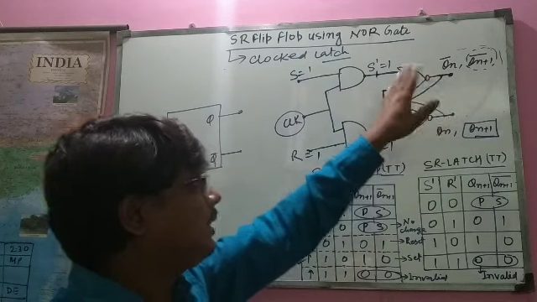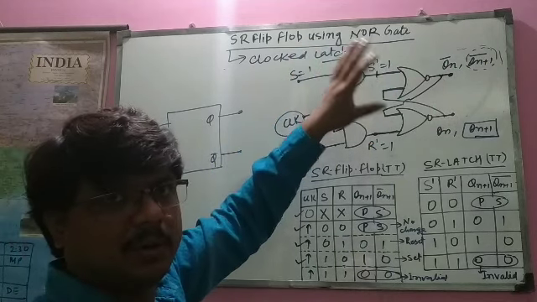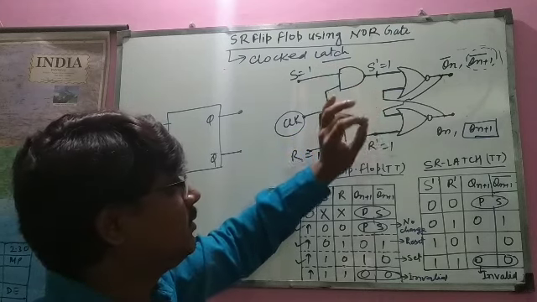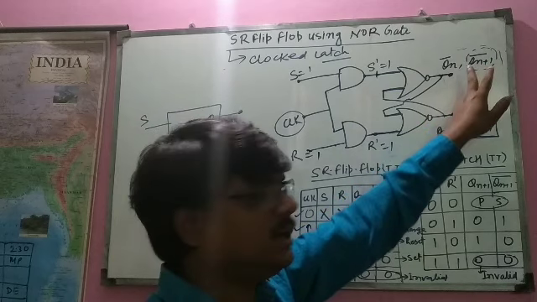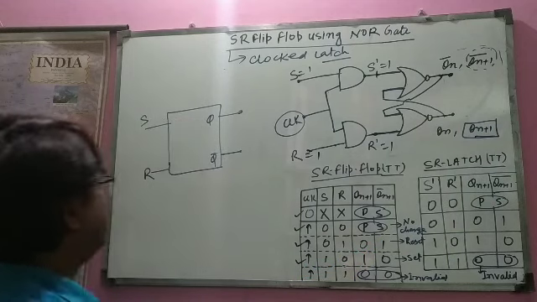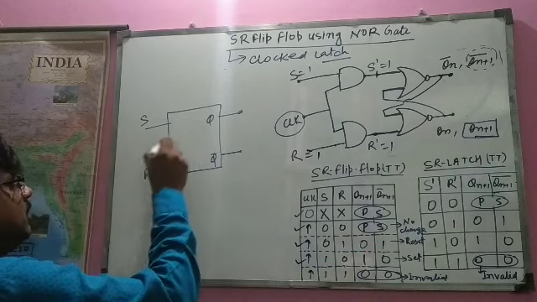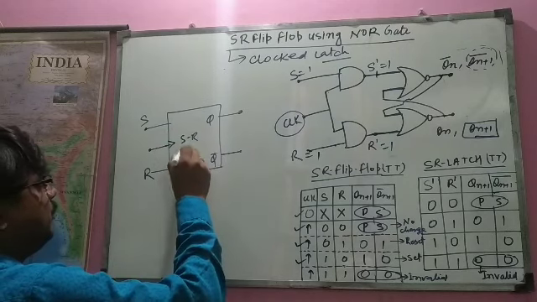But when we are designing the SR flip flop using NAND gates, qn plus 1 was there and qn plus 1 bar was there. This is the difference, and this is the clock.